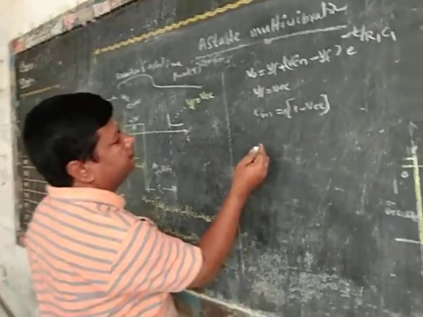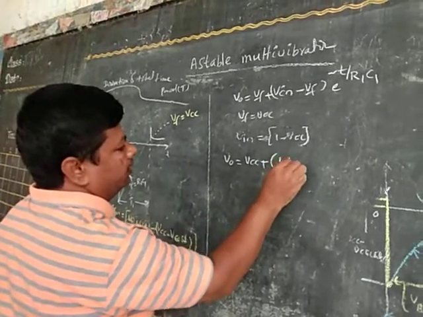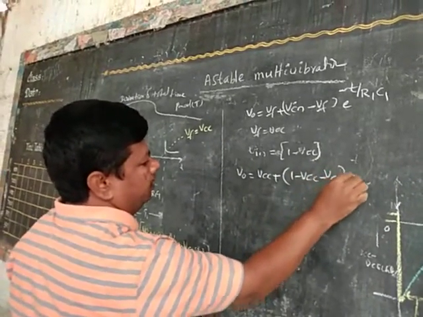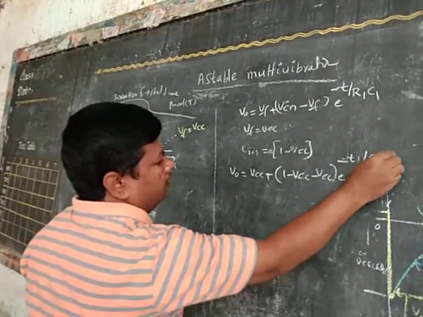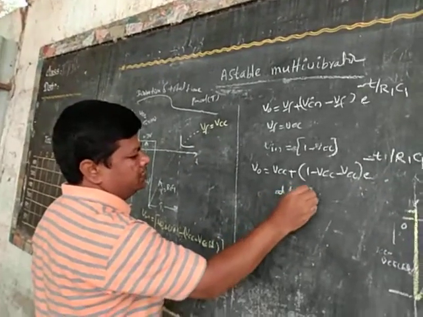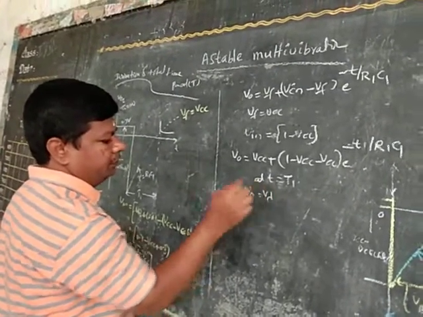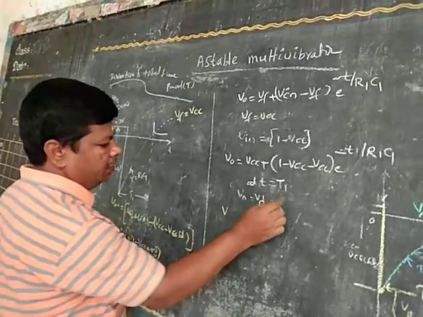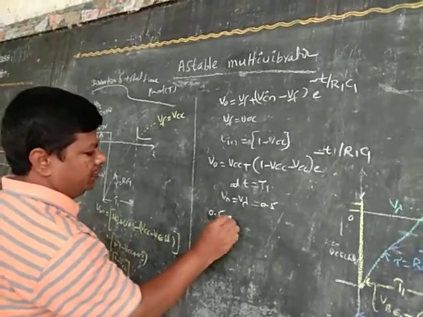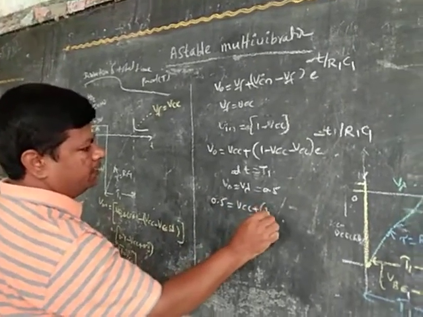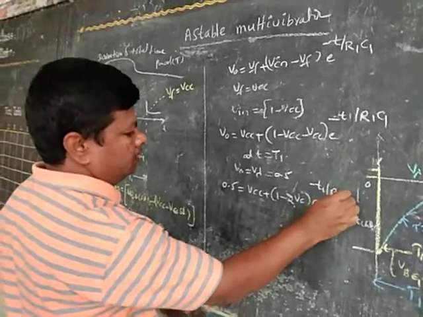Then substitute: V naught is equal to VCC plus (1 minus 2 VCC) e power minus t by R1 C1. At t is equal to T1, V naught is equal to V gamma. Then substitute V gamma, again V gamma is equal to 0.5. Then directly substitute: 0.5 is equal to VCC plus (1 minus 2 VCC) e power minus T1 by R1 C1.